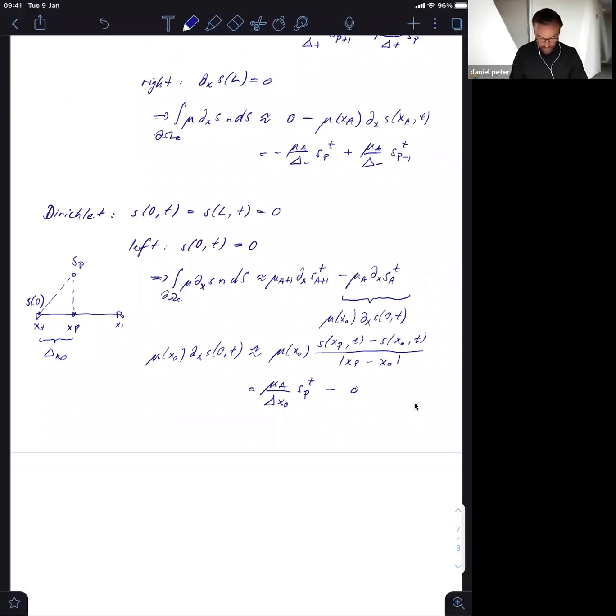So the whole grid cell, you see, then the modification for the full grid cell will be the usual derivative at a plus 1.